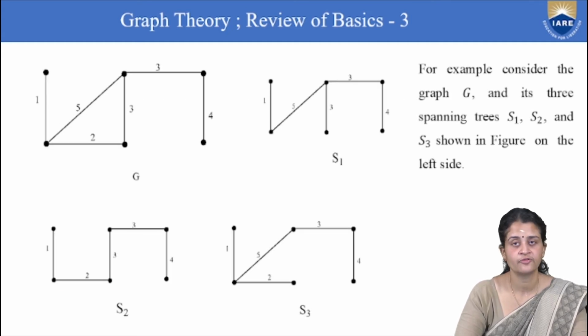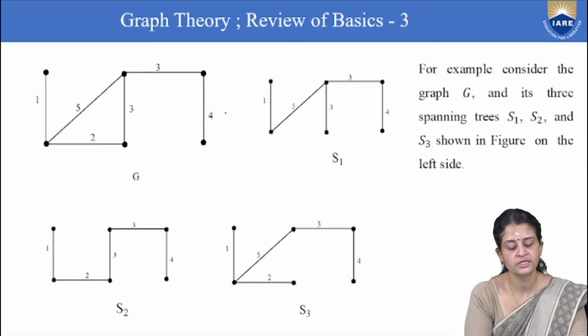Now consider this graph G, we have 1, 2, 3, 4, 5, 6 vertices. So the spanning tree should have 5 edges: 1, 2, 3, 4, 5. I have drawn 3 spanning trees of this graph G, and the same edge weights have been assigned to these spanning trees also.